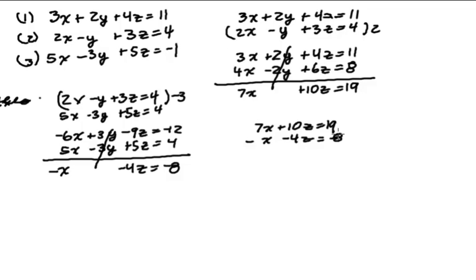Now I can eliminate a variable from this one. It looks like the easiest variable to eliminate is the x. I'll multiply this bottom equation by 7, and that gives me 7x plus 10z equals 19 from my top equation. My bottom equation will give me negative 7x minus 28z equals negative 56.